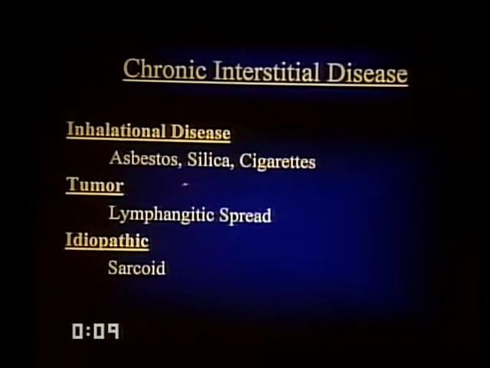Silica is disappearing. Cigarettes will be with us for the foreseeable future, and the interstitial disease that is produced by cigarettes is not really fibrosis. It is due to bronchiolar plugging with mucus, and that gives us the coarse, so-called dirty chest we find in some patients with obstructive airways disease.